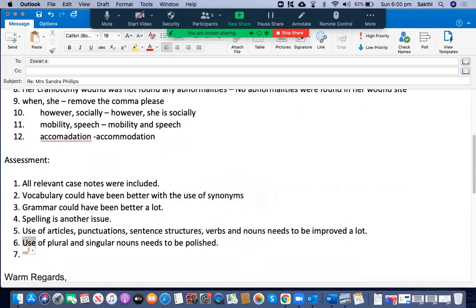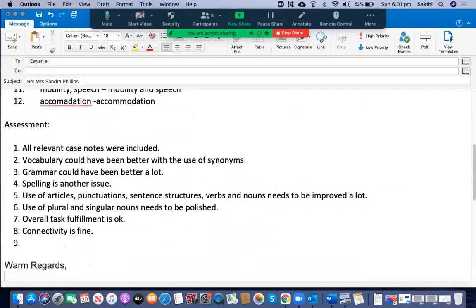What else? Overall task fulfillment is okay. That's fine. Connectivity is good enough. I'm happy with the way that you connect the sentences together. Layout is also fine. So is the presentation features, except that one spelling mistake.